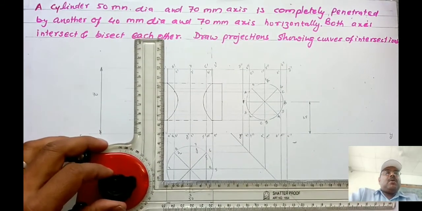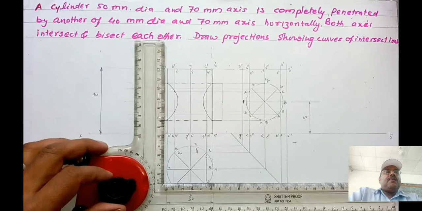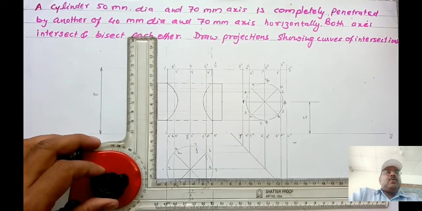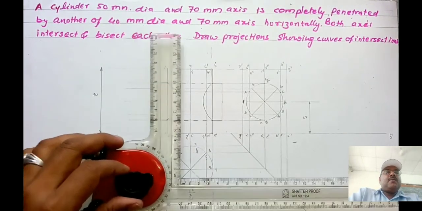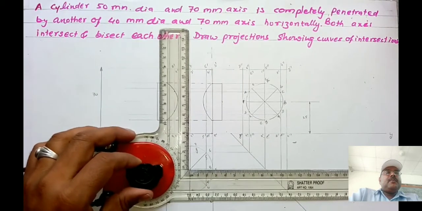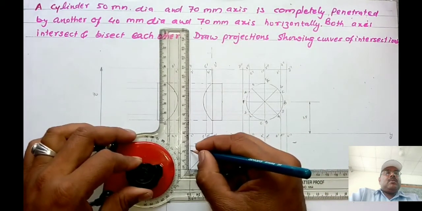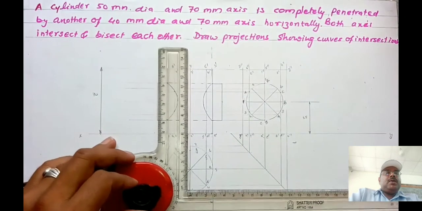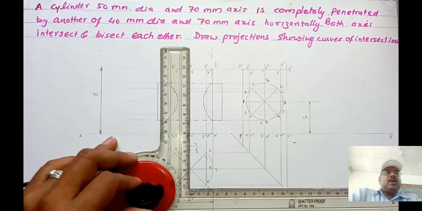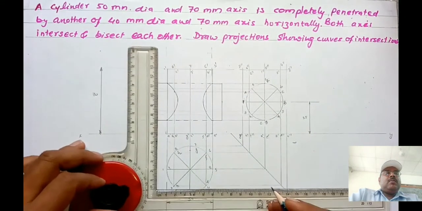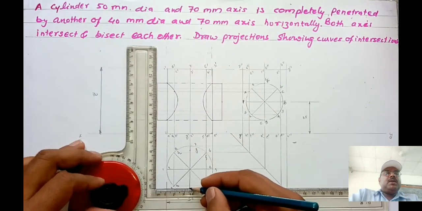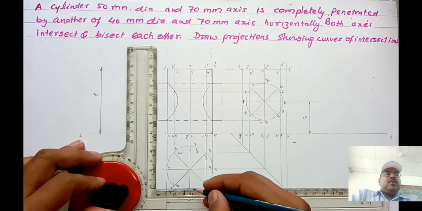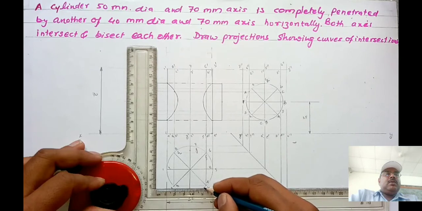Also, we have to draw the top view. We have to draw the horizontal cylinder in top view. Mark 20 millimeter and 20 millimeter above and below the center point. Draw a horizontal line from this point.